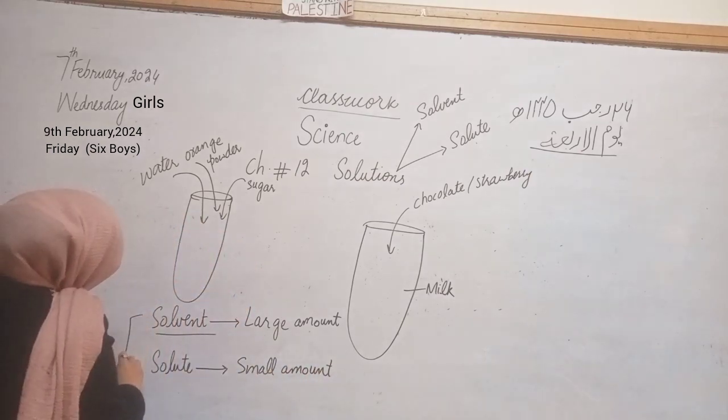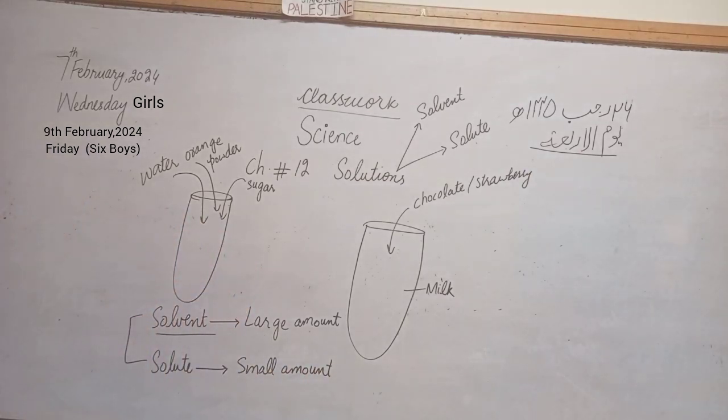And when we mix these two components, that is solvent and solute, we will make solutions. Solvent is the amount of substance in excess form, and solute is the amount of substance in very lesser quantity.